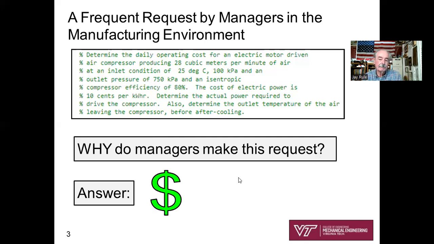Why is this manager asking us this question in the first place? The answer is it's a frequent request because managers are always looking at ways to reduce operating costs. And this is a classic one. How do we reduce the use of compressed air in our manufacturing facility? A manager might say, how much money could we save in a year's time if we cut our compressed air usage in half?